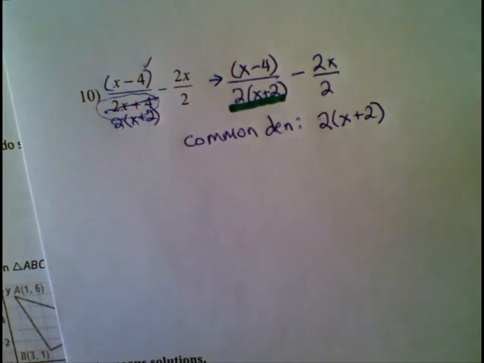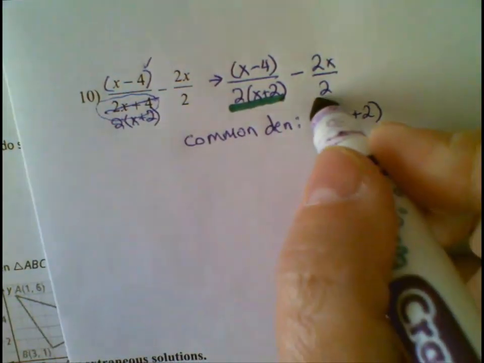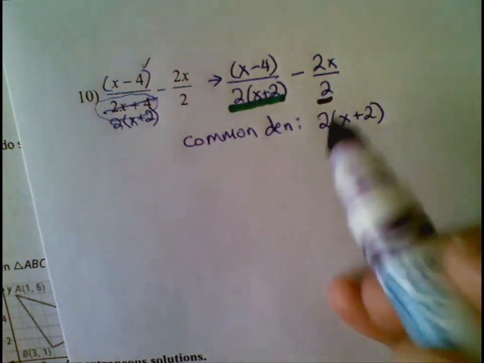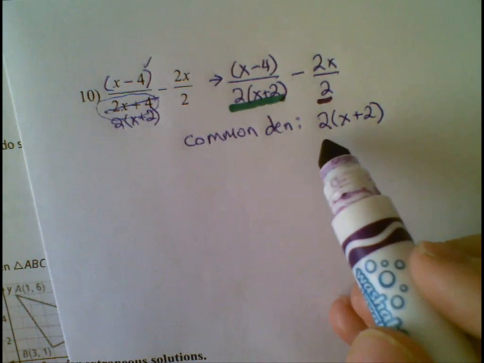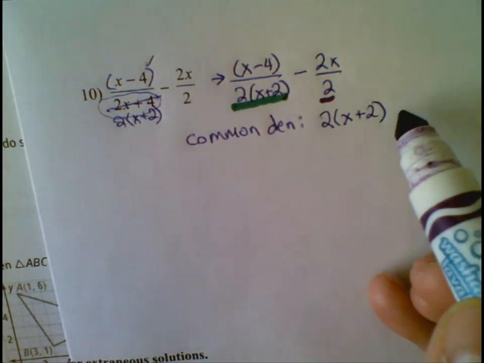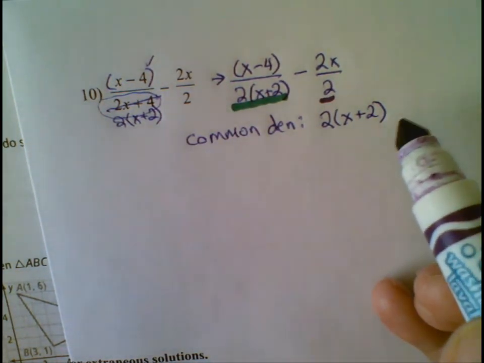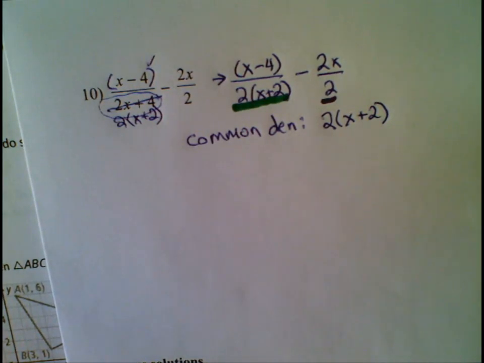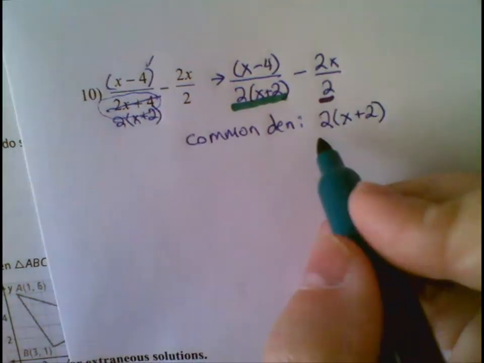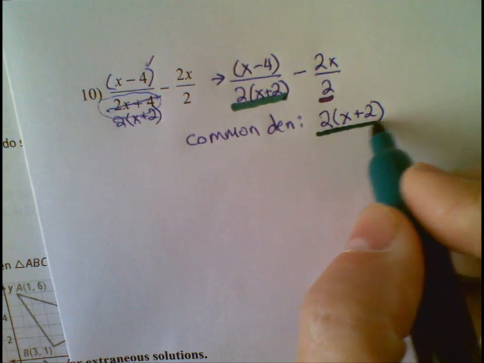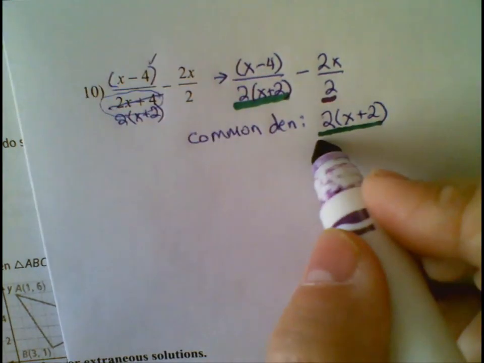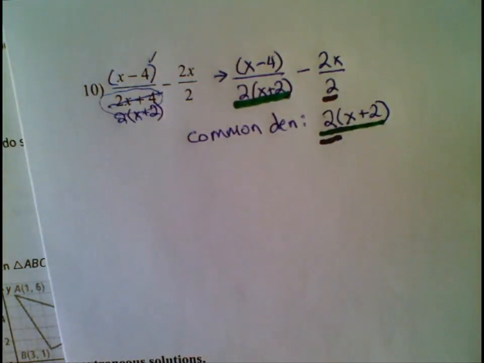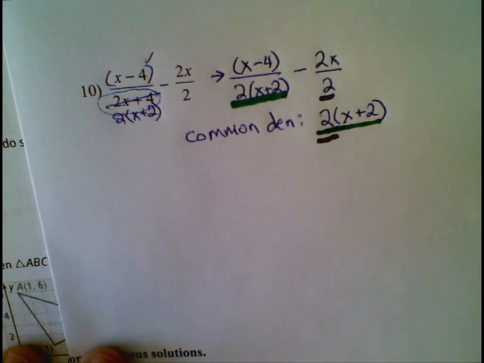Then, if I look at my other denominator, I just see that I have a 2. Now, if I didn't already have a 2 in this common denominator, I would have to multiply it in now. But I do. This common denominator includes both factors of the first denominator and includes the entire second denominator. They're both included in that common denominator. So we have a common denominator.